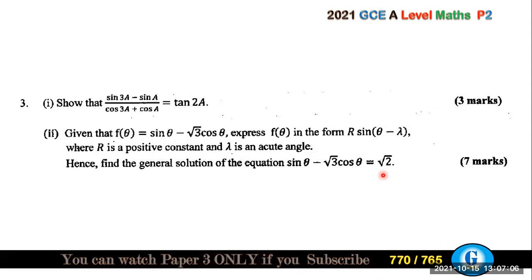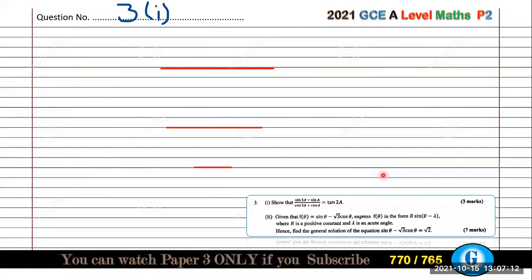Let us look at the first part of this question, then we move to the second part. We know that we have to work with the left-hand side and show that it is equal to the right-hand side. So we have sin 3a minus sin a over cos 3a plus cos a.